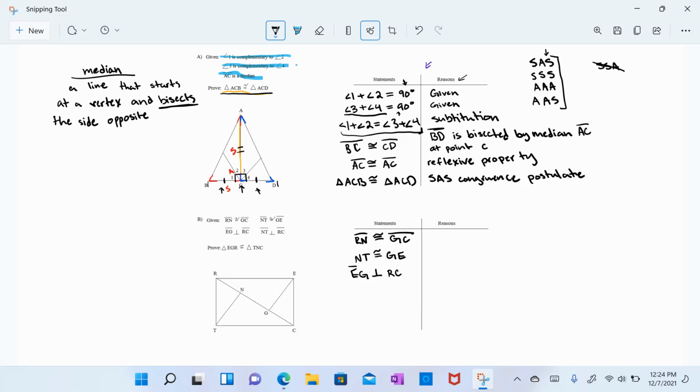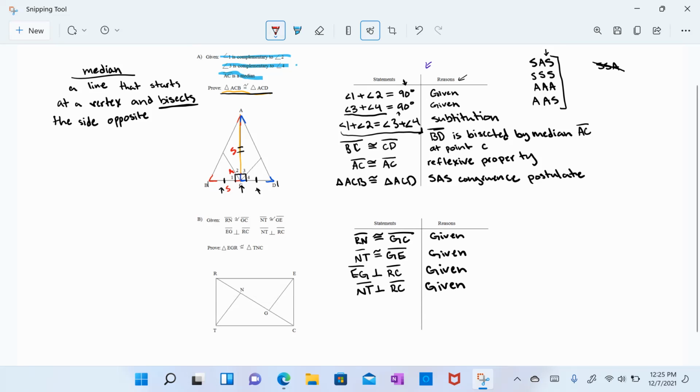And we know that NT is perpendicular to RC. And these are all given. So they gave us a lot of information here, and we're going to mark it on the graph.